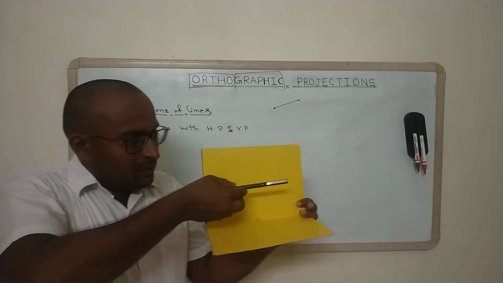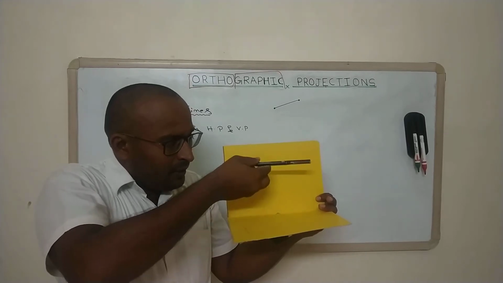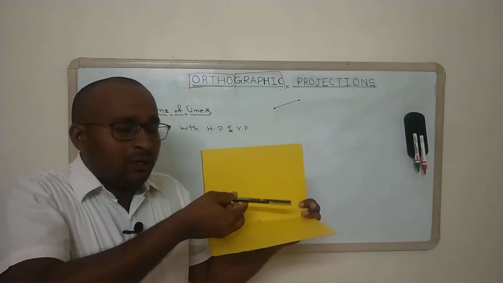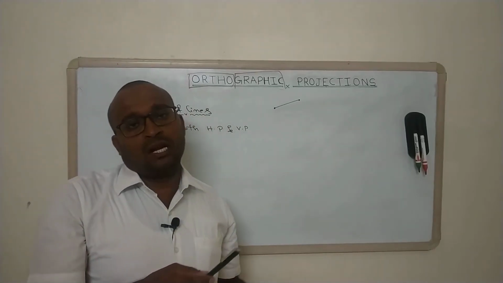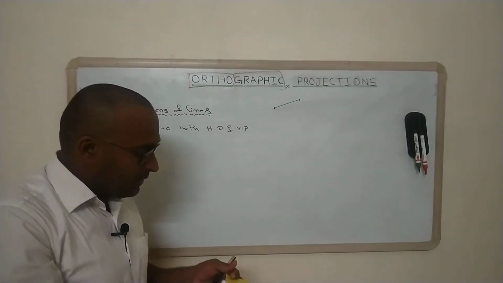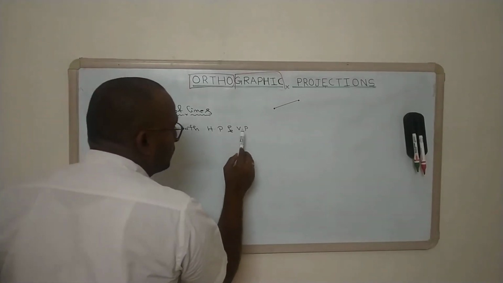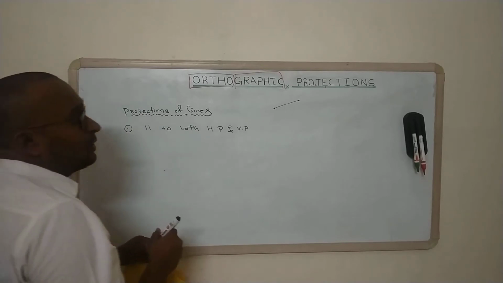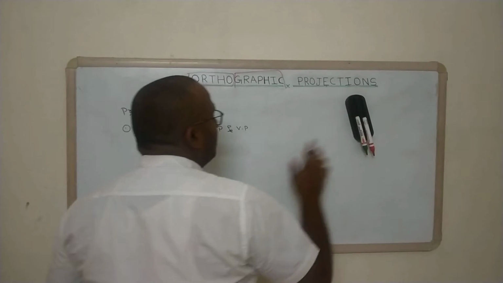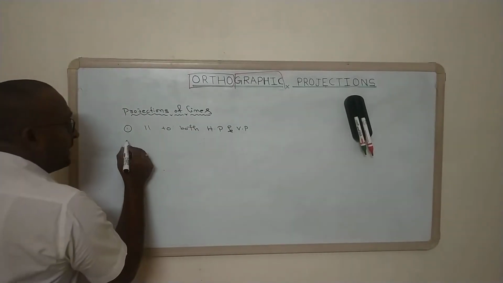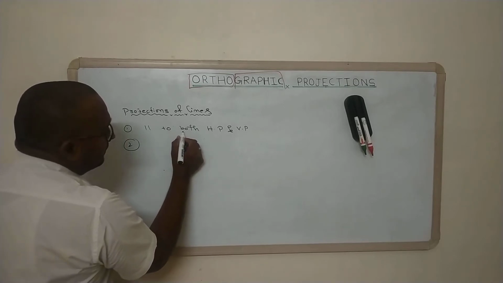So here the line is parallel to both the planes, so on the top view and on the front view we will definitely get the true length of that line. You can observe that when a line is parallel to both VP and HP, we automatically get the true length on both sides.